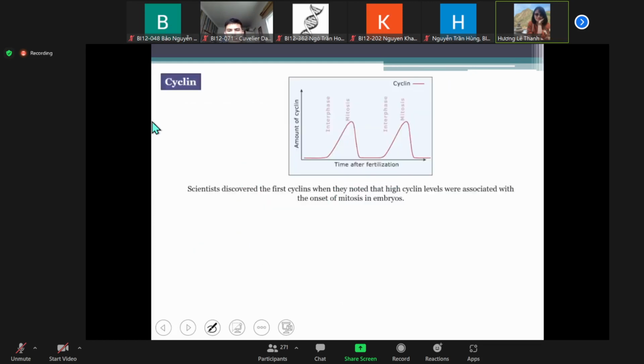So how can we find out about the cyclins as well? The cyclin-dependent kinase. Scientists discovered the first cyclins when they noted that the highest level of cyclins is associated with the onset of mitosis in the embryo. So the amount of cyclin, at the time of fertilization, whenever mitosis happens, they found numerous amounts of one protein we call the cyclins.